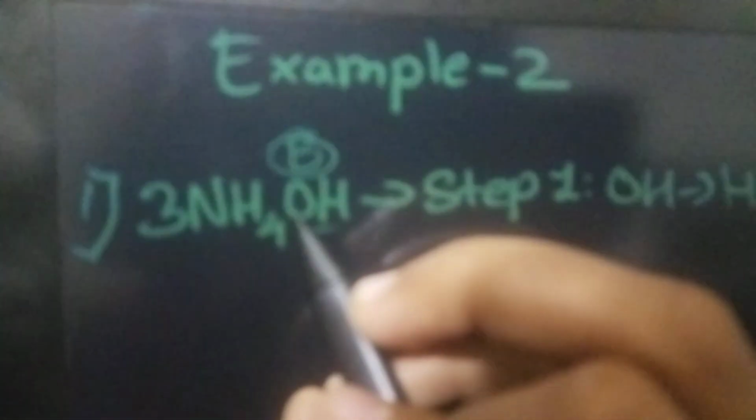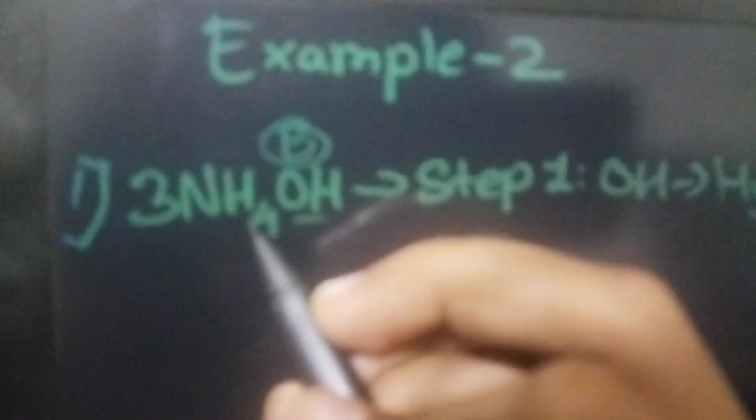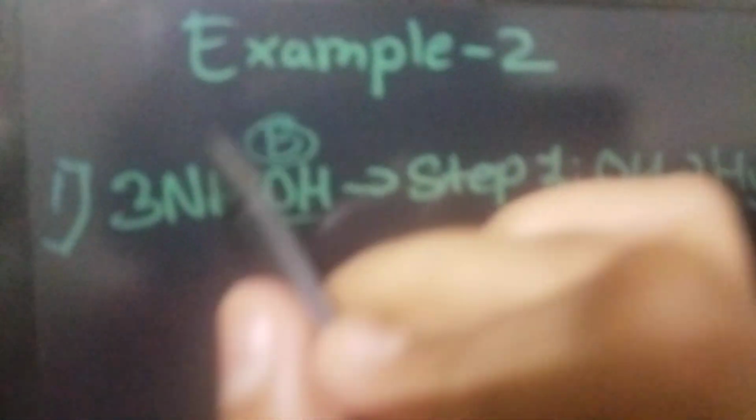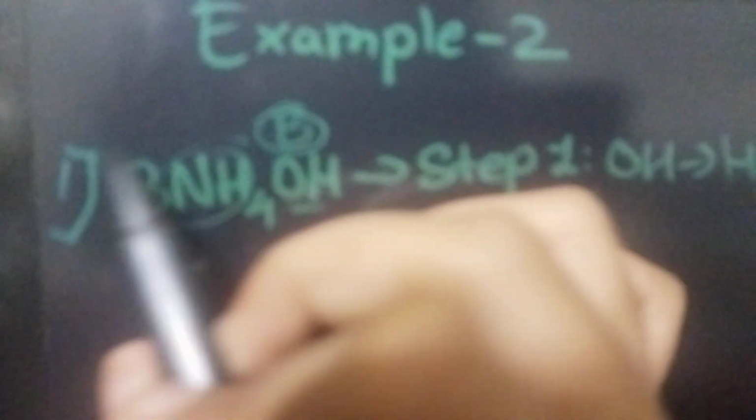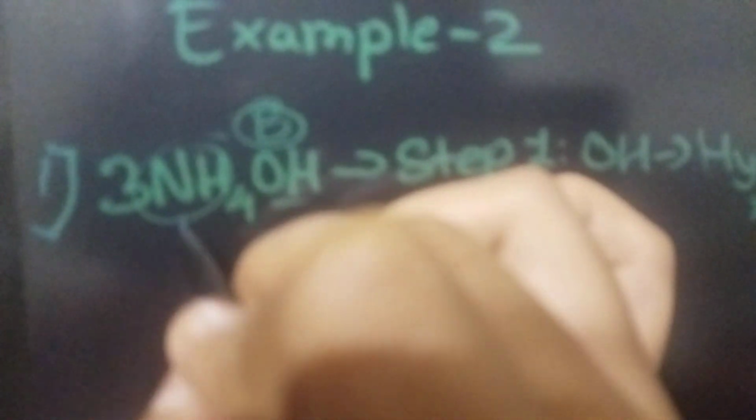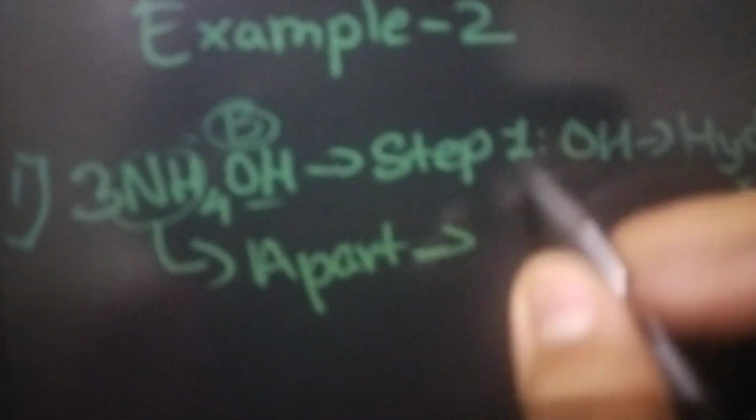Now we know that here 4 is just an atom, right? It represents how many atoms this particular value is containing, and 3 is a molecular number. So now let's deal with our A part. Alright, that is step 2. So NH, we know it means ammonia, right? So it's going to be ammonium. NH means ammonium.